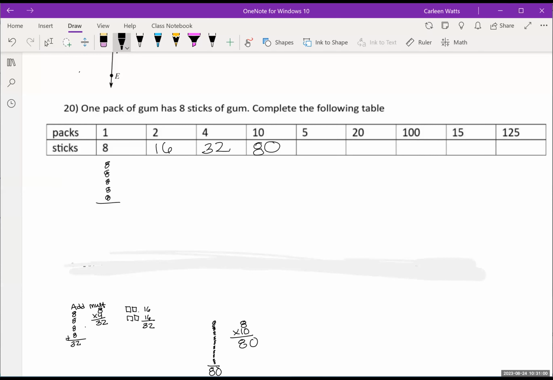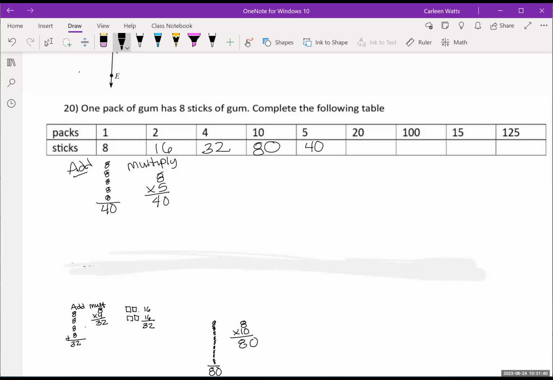How many sticks of gum would that be? 40? Okay. We could add. So this is add. We could multiply 8 times 5 equals 40.